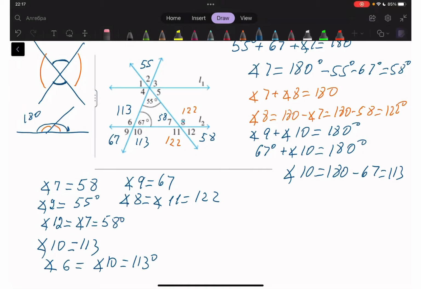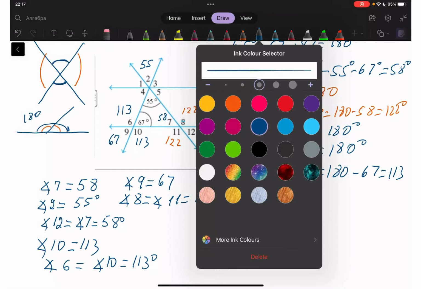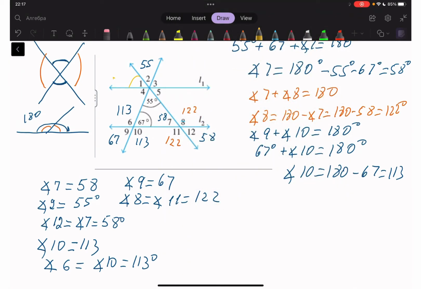So what do we have left? We have left to find out angle 1, angle 3, angle 4 and 5. Yes? Well, let's go for it. So here is the thing.